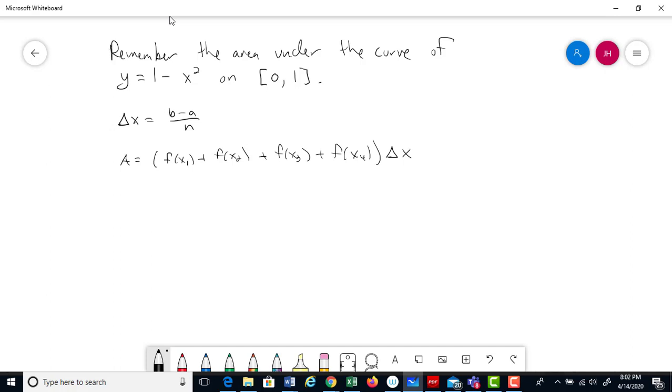Notice how I have a summation here. I can actually rewrite this as the summation of f of x sub k multiplied by your change in x, where k starts at 1 and in this case goes to 4. So I can write that as that summation.